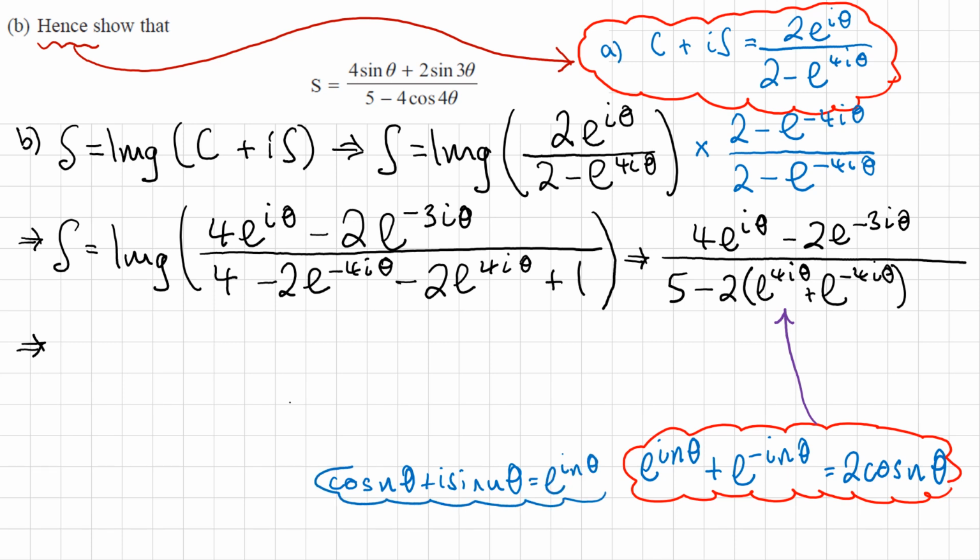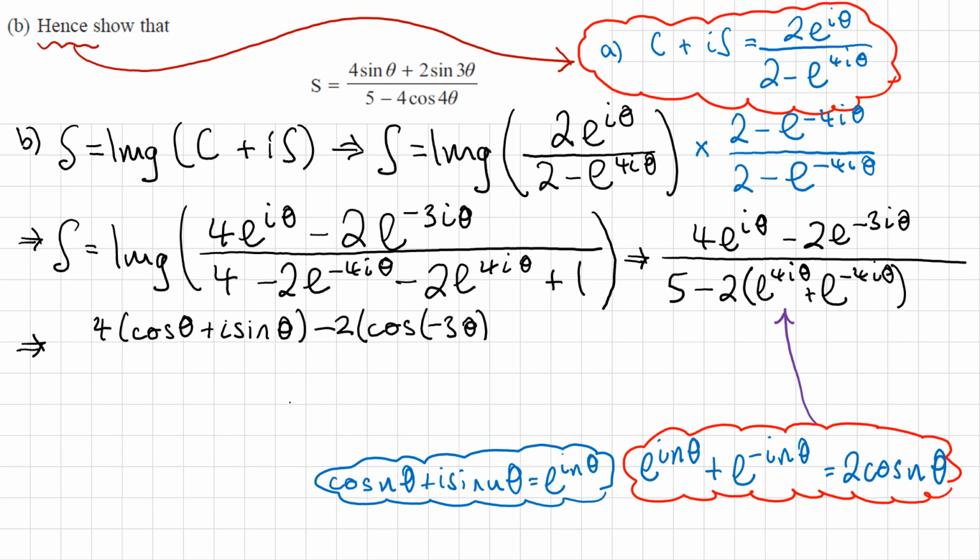So that means that this can be written as 4 times cos theta plus i sine theta, and then minus 2, and we've got to this bit here, which can be written as cos of negative 3 theta plus i sine negative 3 theta.